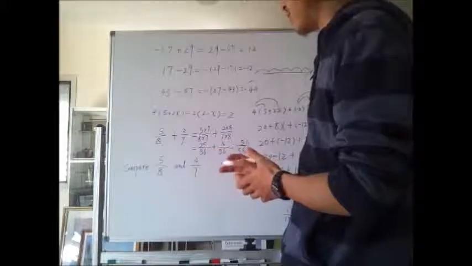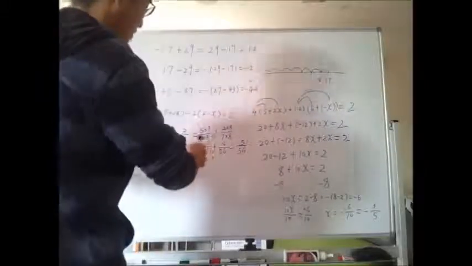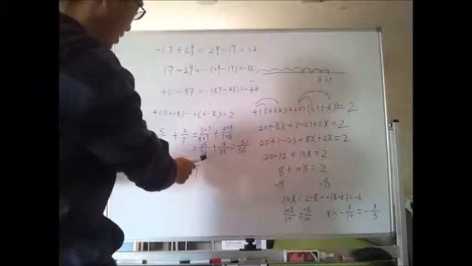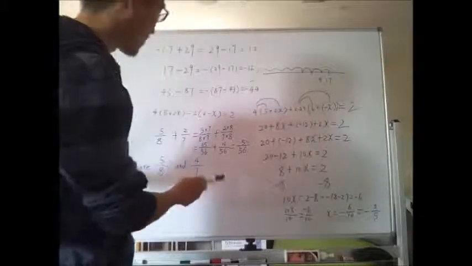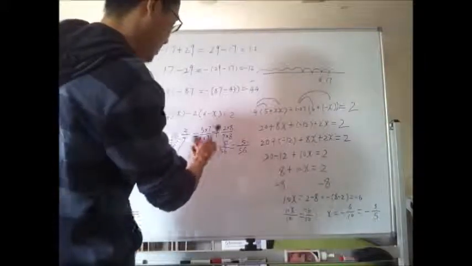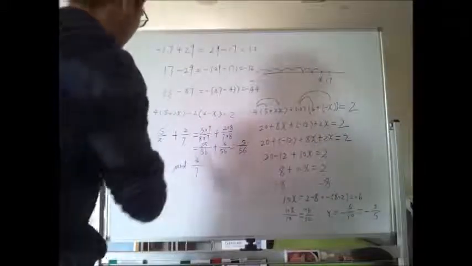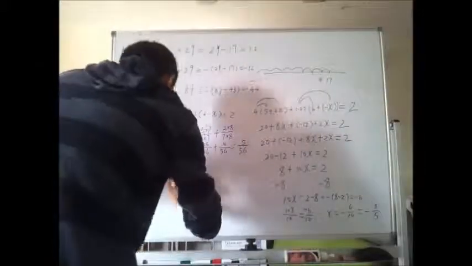How to compare them? To compare them, we have to find a common denominator, like what we have done here. In this case, you see, if we have found the common denominator, we can say this one is bigger because the numerator is much bigger than the other one. So let's find a common denominator between them. The common denominator is the same way.